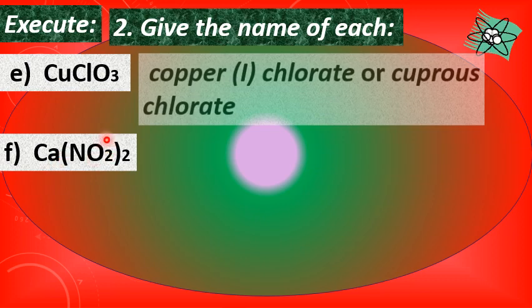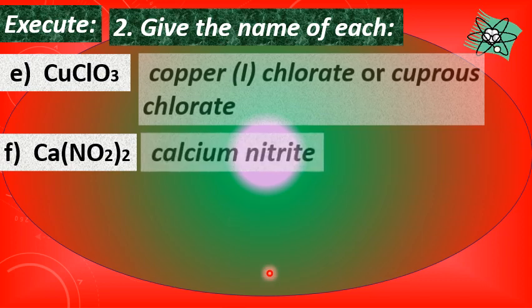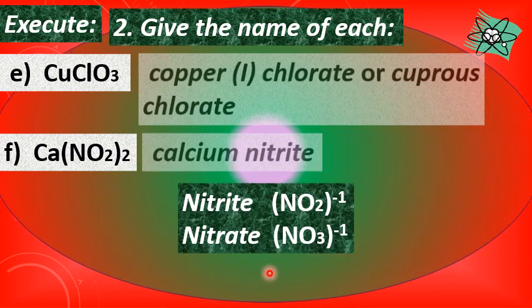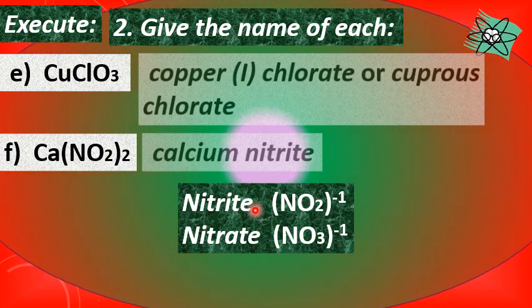So that means the ionic charge of nitrite is negative 1. And so when named, we just say calcium nitrite. Nitrite, NO2, should not be confused with nitrate, whose formula is NO3. Both polyatomic ions have the same ionic charge, which is negative 1.